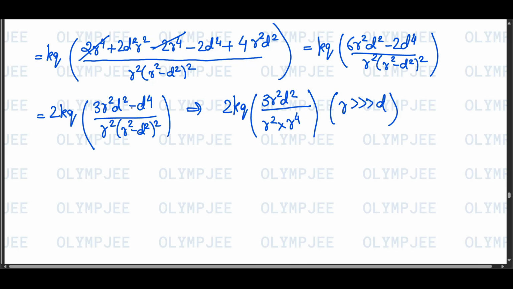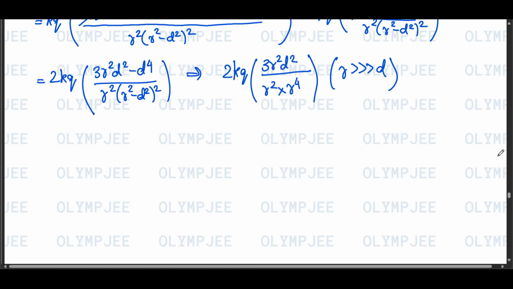So the terms which were in plus or minus with r and had only d have been cancelled out. So this will give us 2kq times 3d square by r raised to power 4.